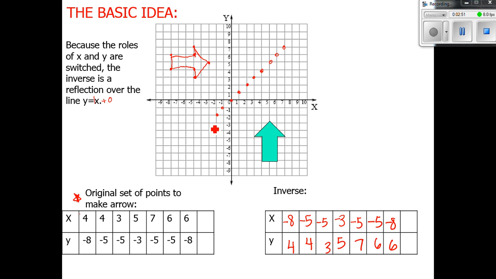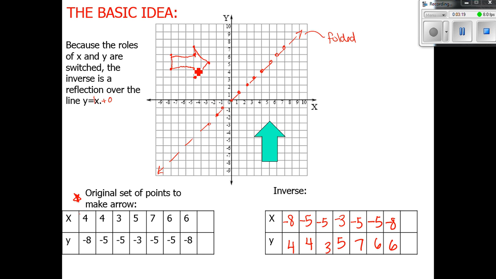And basically what it says is if I folded my paper on this line, these two would line up exactly. So if you could think about folding the graph so that the fold was over this line, would those two line up perfectly?